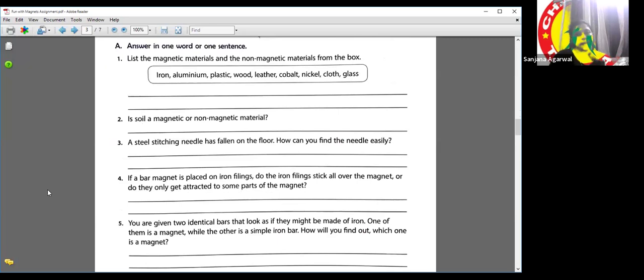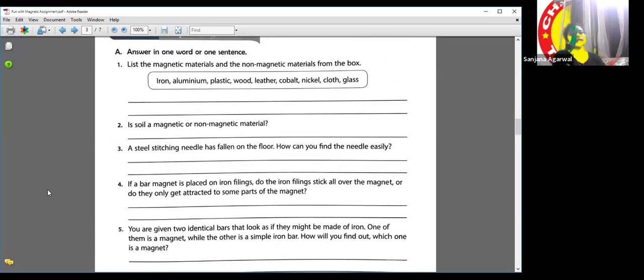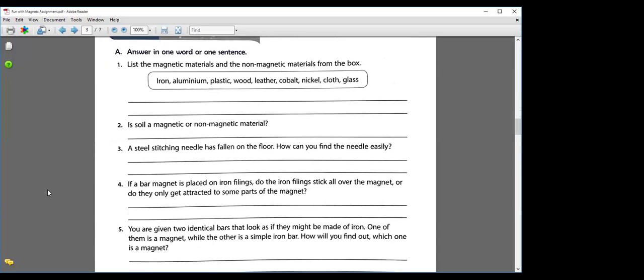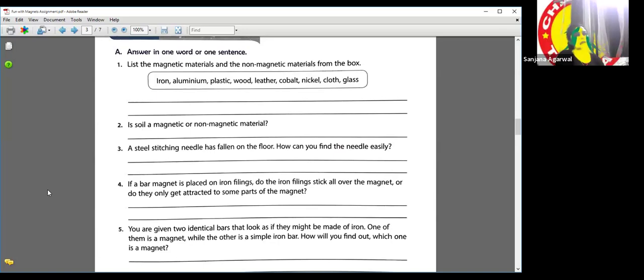What do you think about the second answers displayed on the screen? Is soil a magnetic or non-magnetic material? Ma'am, magnetic. Non-magnetic. Ma'am, it may contain particles of magnetic material. Because how is soil formed? You people must have learned this in grade 5. Soil is formed by the rubbing or washing away of rocks.